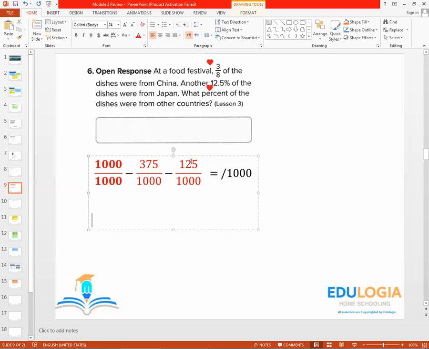First, adding 375 and 125. This is the first step. Please help adding this. It's addition.